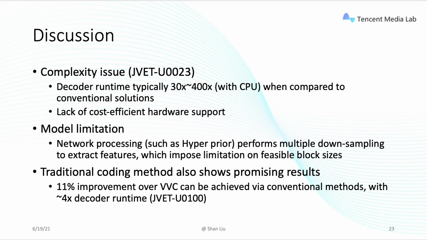For example, the networks usually perform multiple downsampling steps to extract features, which imposes limitations on the feasible prediction block sizes. On the other side, the traditional coding methods seem to still have room for more coding gain. In fact, during the development of VVC, some technologies were proposed but not adopted at the time.